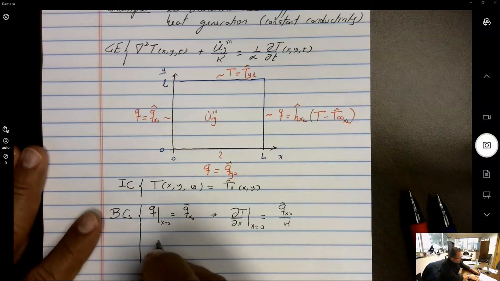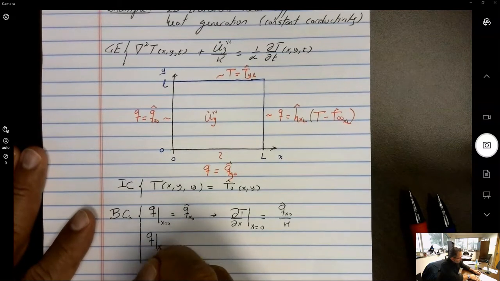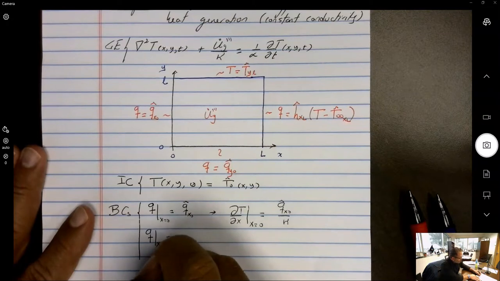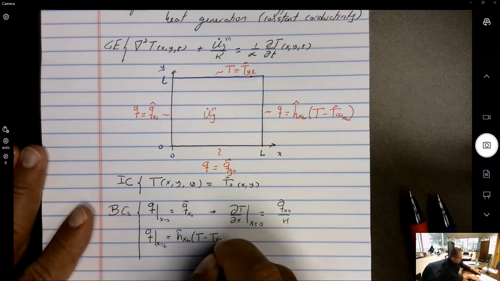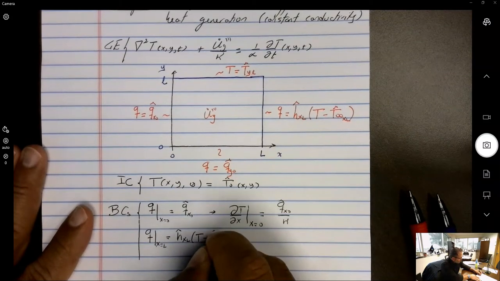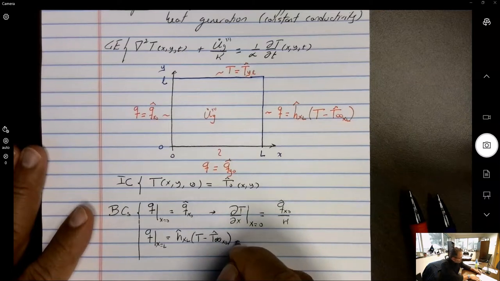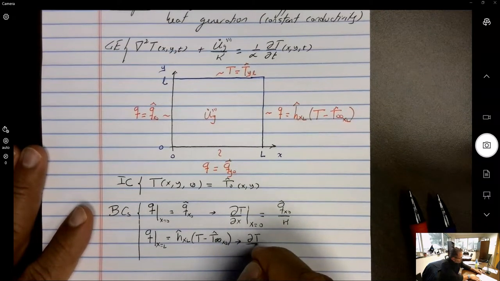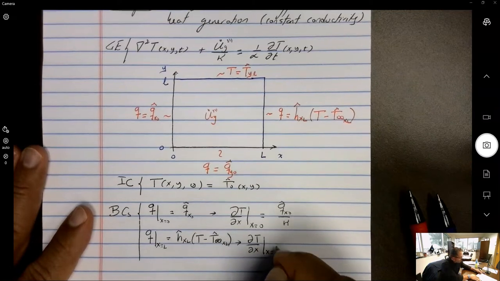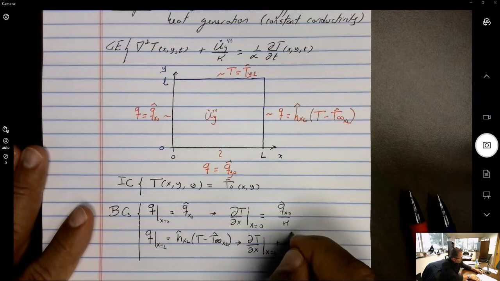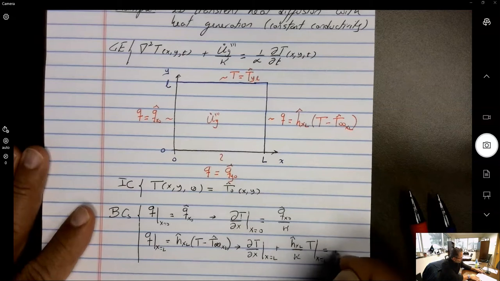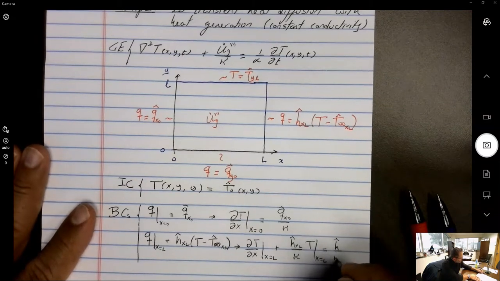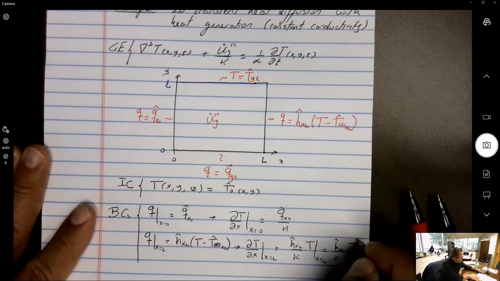All right, on the right-hand side, we have q at x equal L is equal to h_XL times (T minus T infinity XL), and that basically turns into dT/dx at x equal L plus h_XL over k times T at x equal L is equal to h_XL over k times T infinity XL.